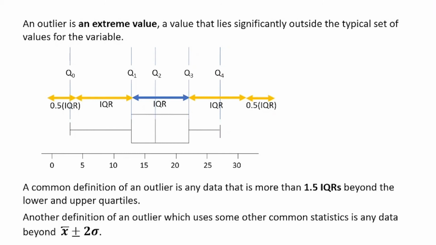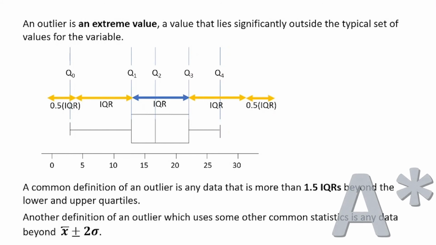You will have to memorize these. 1.5 interquartile ranges above the upper quartile, or 1.5 interquartile ranges below the lower quartile would be an outlier. So this is basically 1.5 interquartile ranges away from the box of the box and whisker plot. And additionally, we could identify an outlier with anything that is beyond x bar plus or minus 2 standard deviations.